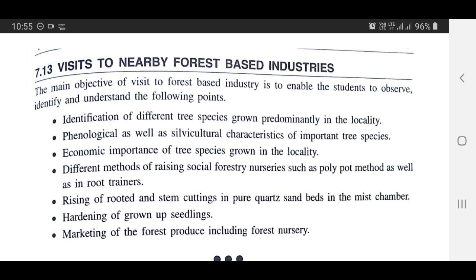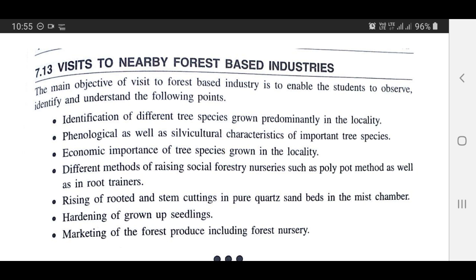This is the polypot method. Generally, polythene bags are utilized, in which we fill the mixture of FYM, sand and soil in a 1:1 ratio, and seeds should be sown in the polythene bags. This is called polypot method. And second is growing in root trainers.